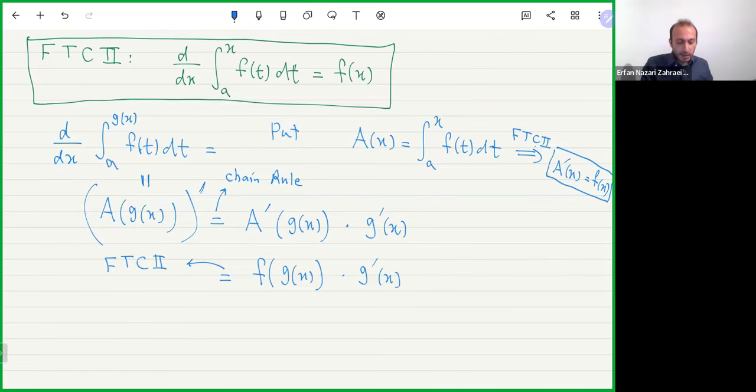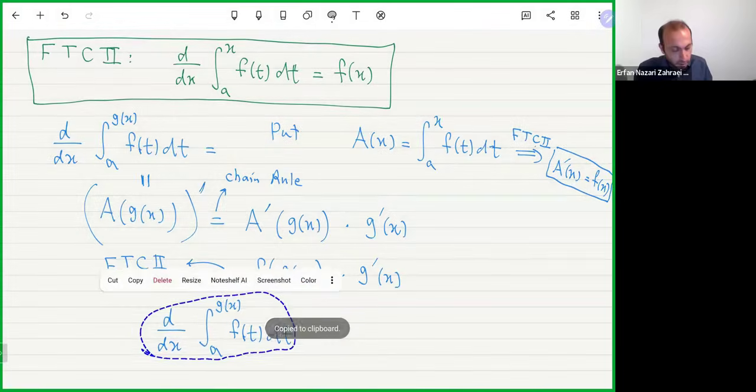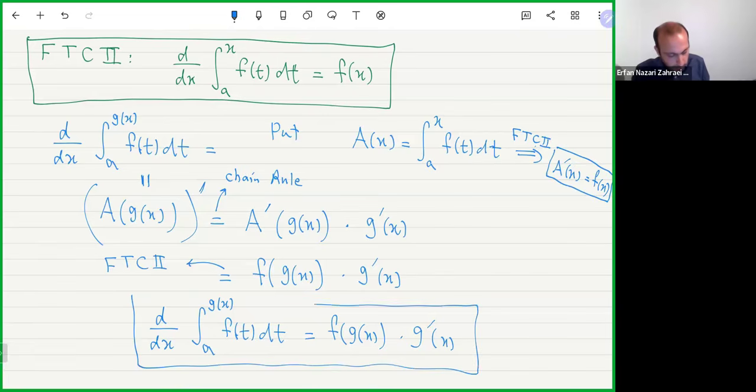So basically I found a formula. This is the end of the solution for computing this. The final result that I got is this.